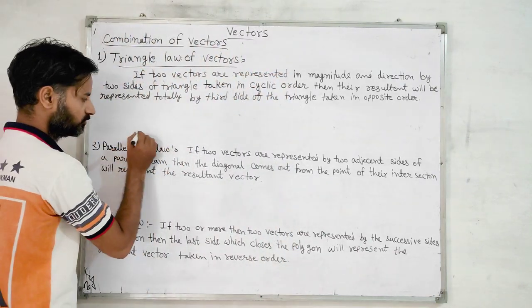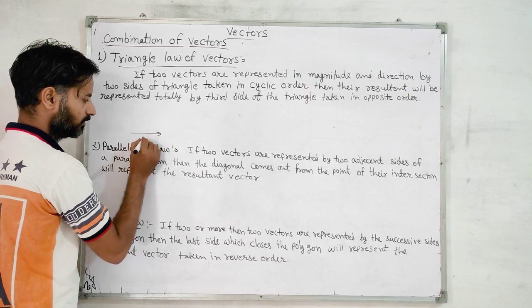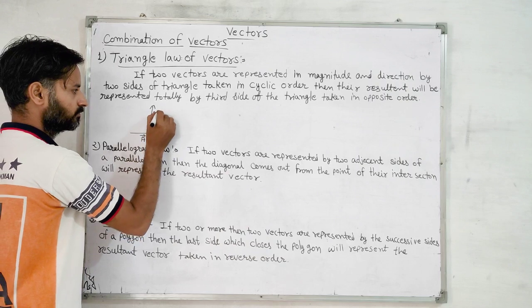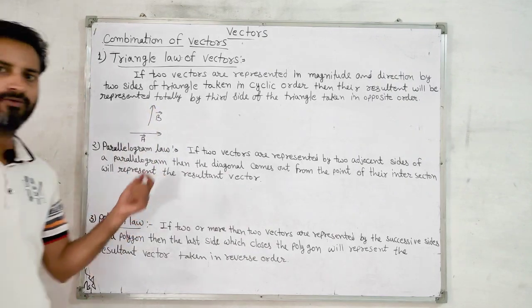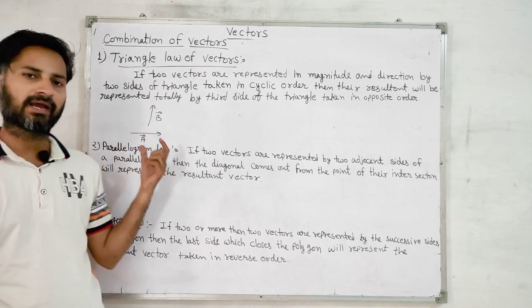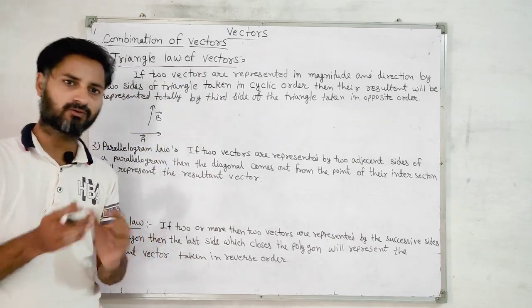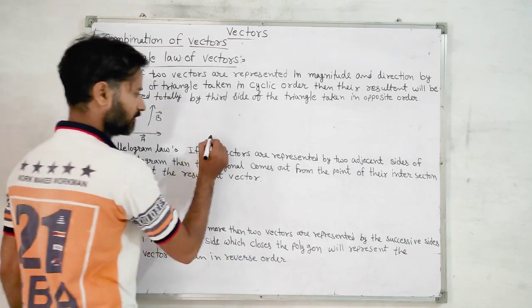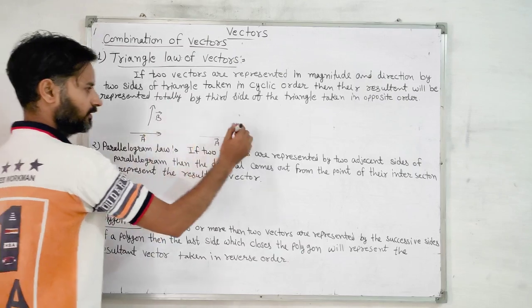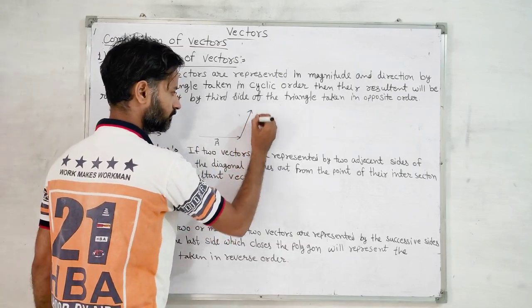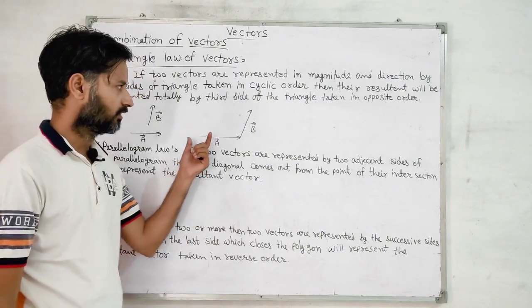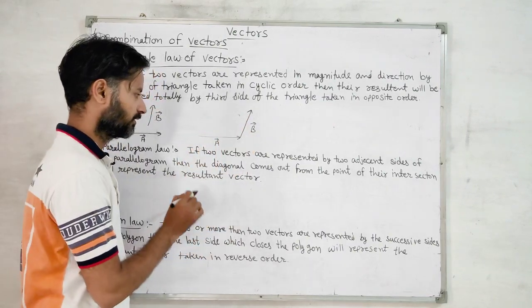Like we have two vectors, A vector and B vector, and we want to combine them using the triangle law. Since we can displace a vector without changing its direction, I can write B vector here, and the third vector is taken in opposite order.